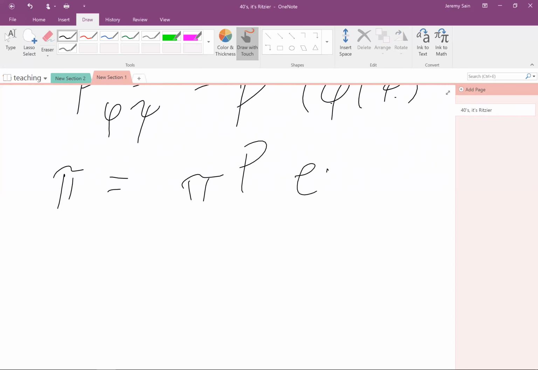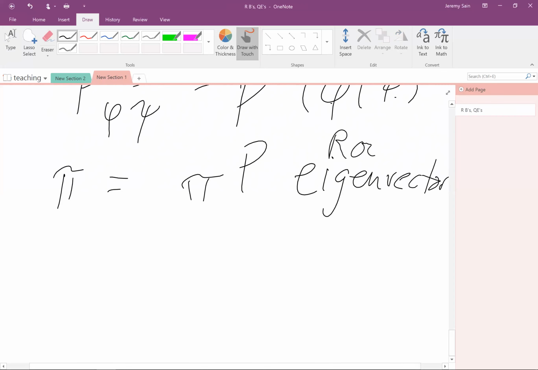So basically this is a row eigenvector with lambda equals 1. And there's some general theory, basically the Perron-Frobenius theorem, that says, for one thing, there's only one eigenvector with eigenvalue 1, so you don't have to worry about finding the wrong one.